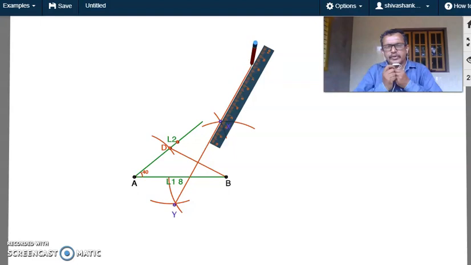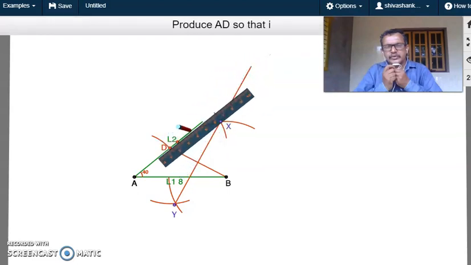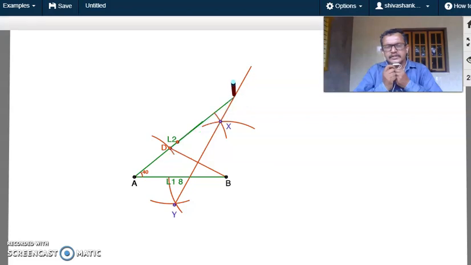Similarly, produce AD so that they intersect at a point, that is C.